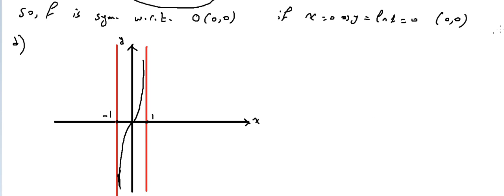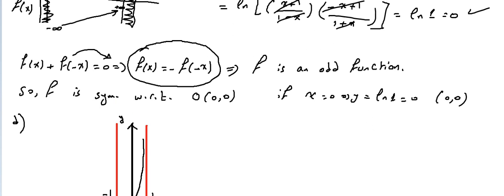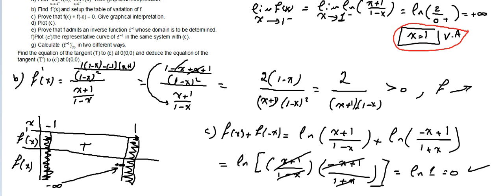What do we still have? This is part D, the curve C of the function. Part E: prove that f admits an inverse function, f inverse, whose domain is to be determined.